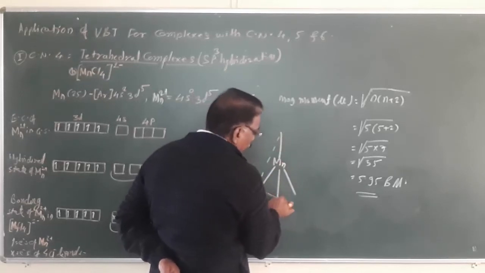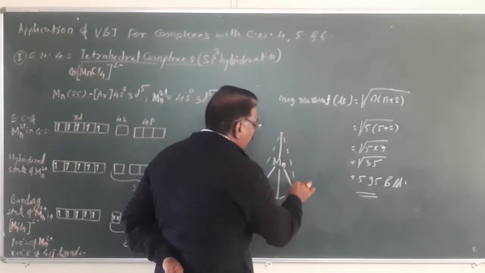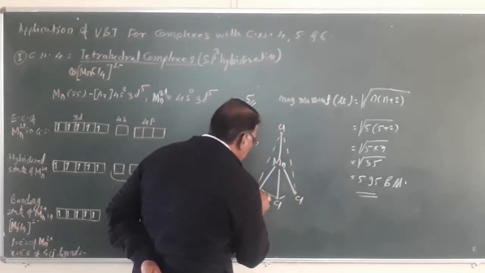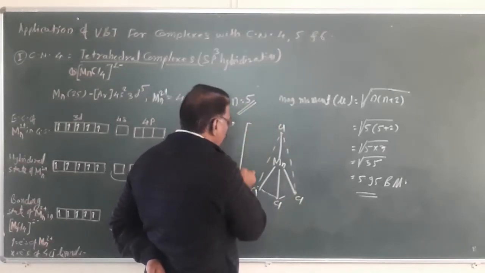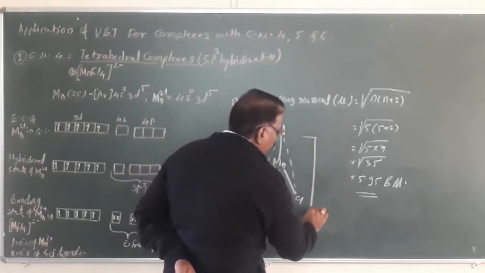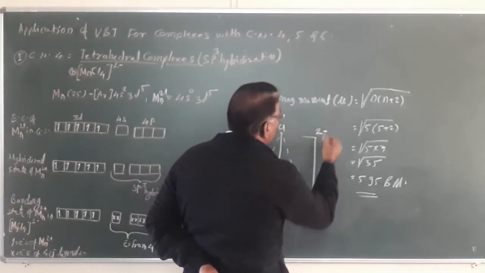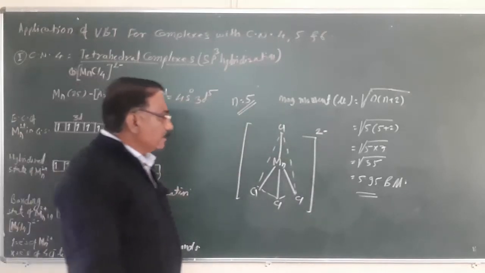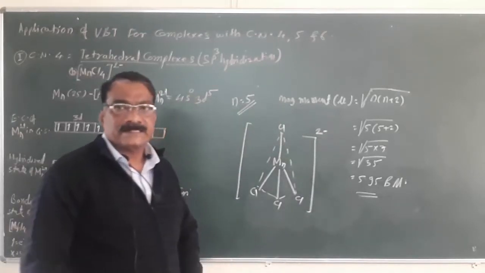So there is the formation of the tetrahedral geometry, with 4 Cl at the 4 corners, and this structure has a 2- charge. It is the structure of MnCl4 2-.